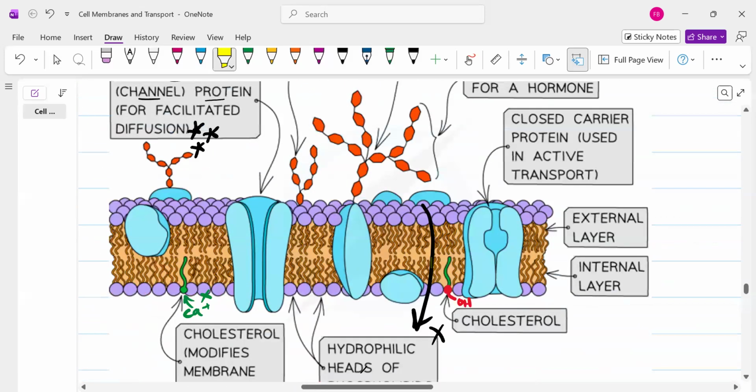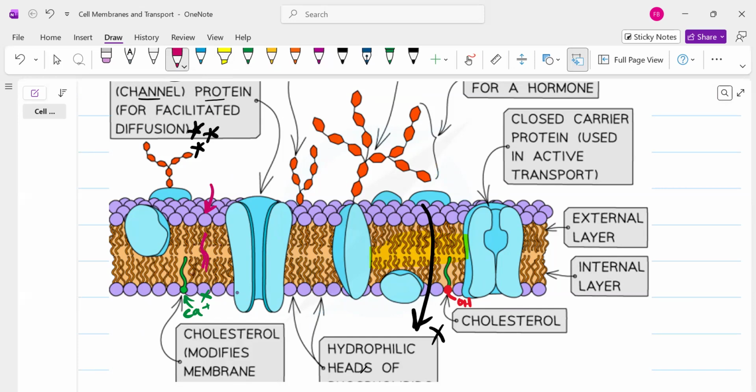Because in the center this is all a fatty layer, right? If a water molecule wants to enter it, it can pass this part, but it cannot pass over here, because the fatty layer is non-polar in nature and water is polar in nature.